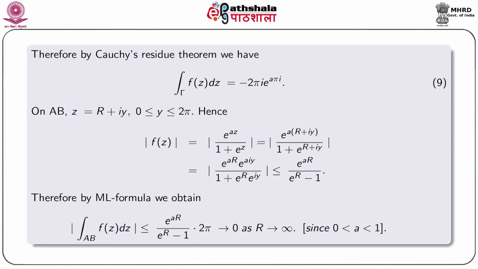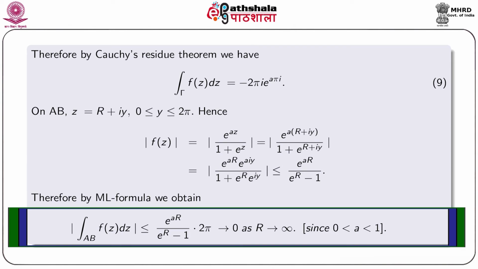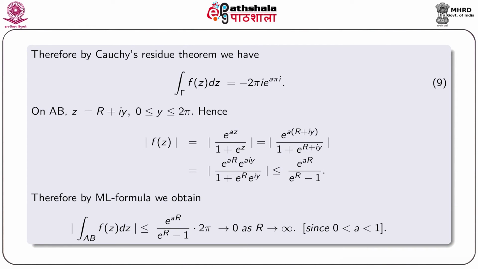Therefore, by ML formula we obtain modulus of the integral over AB of f(z) dz is less or equal to e to the power ar by (e to the power r minus 1) into 2 pi, which tends to 0 as r tends to infinity, because 0 less than a less than 1.